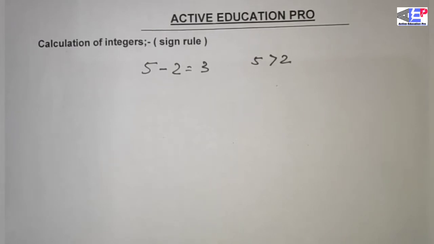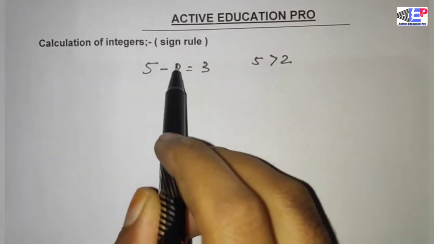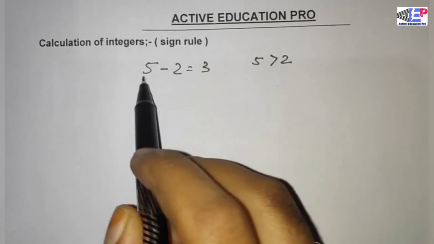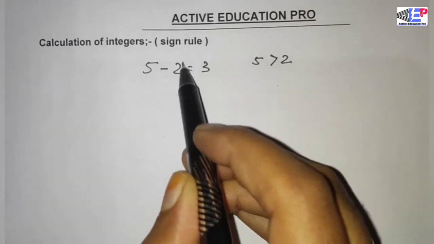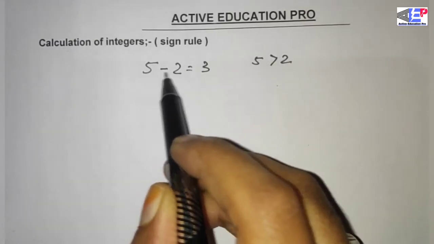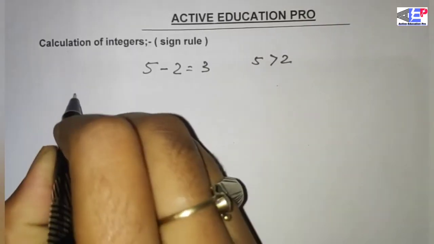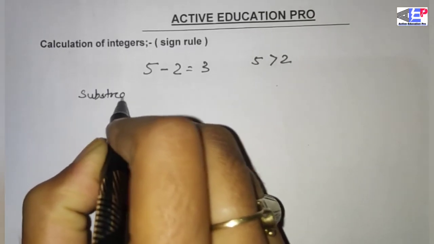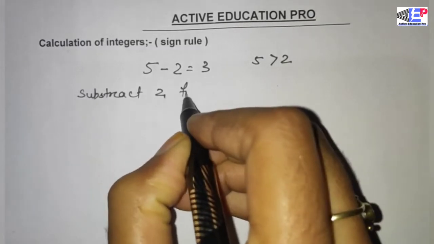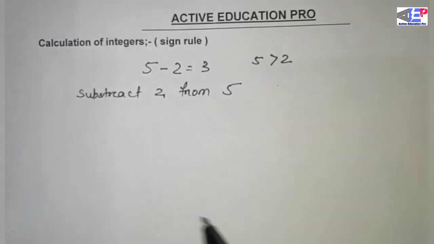At the time of subtraction, you have to consider the sign of the number which is to be subtracted. In this example, this 2 is to be subtracted from 5, so you have to consider the sign of 2. Now the question is to subtract 2 from 5.